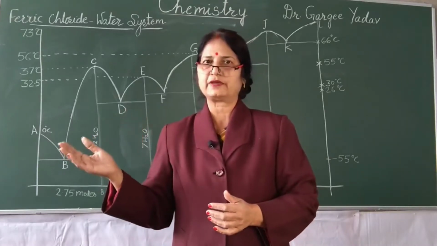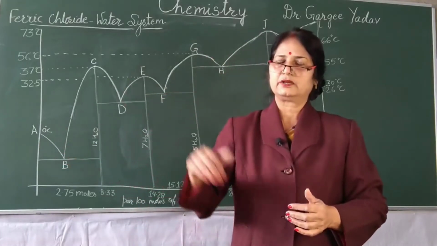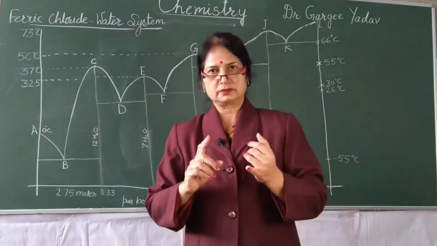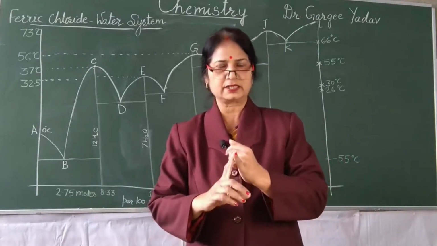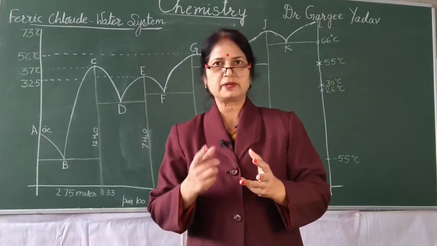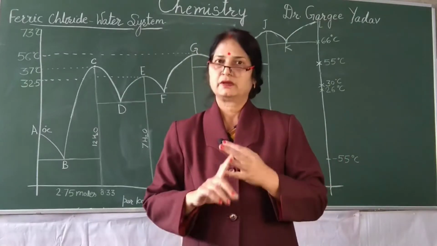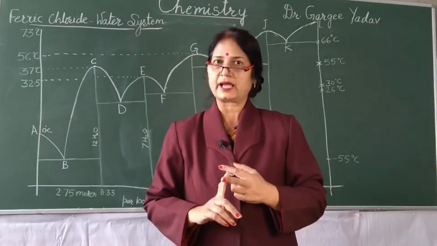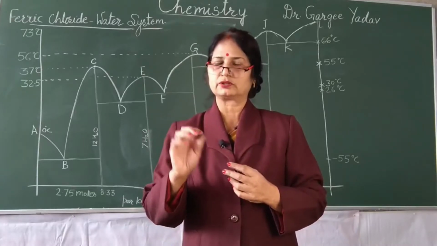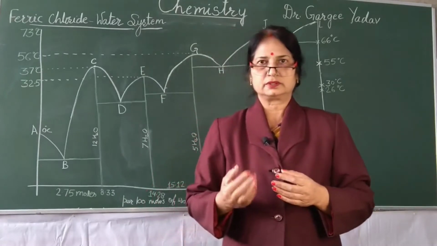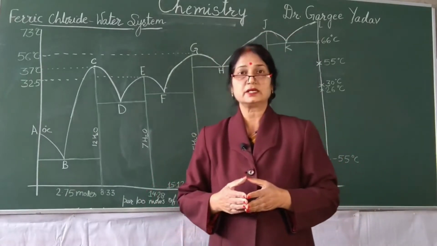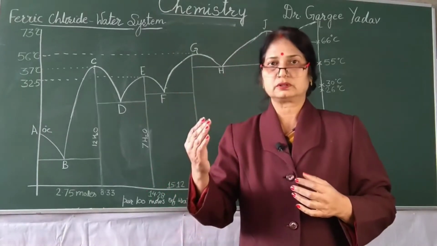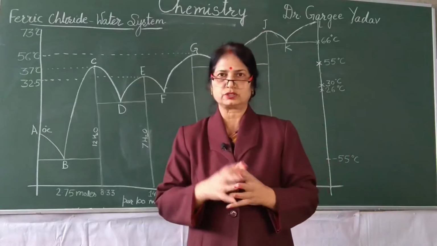Actually it is 3.5, so to make it 7, heptahydrate, we will be taking double molecules of ferric chloride. So one stable hydrate is the dodecahydrate, the second is the ferric chloride heptahydrate. The third stable hydrate is the pentahydrate, meaning 5 H2O molecules are there, and the fourth stable hydrate is the tetrahydrate, meaning FeCl3 with 4 H2O molecules associated with it.